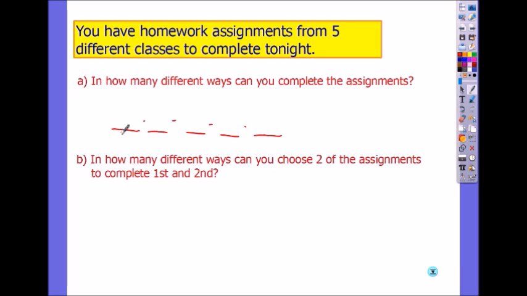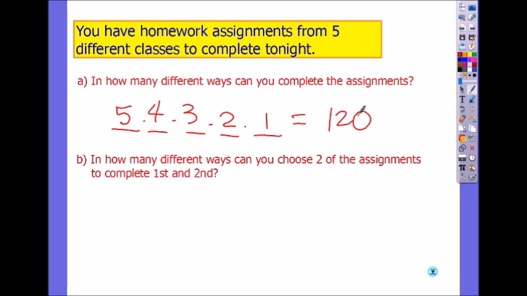So for the first homework, how many do you have to choose from? 5. So now you're done with 1. For the second homework that you're going to do, how many choices do you have? 4, 3, 2, 1, right? So what is that? How many different ways do you have? 20 times 6, which is 120.